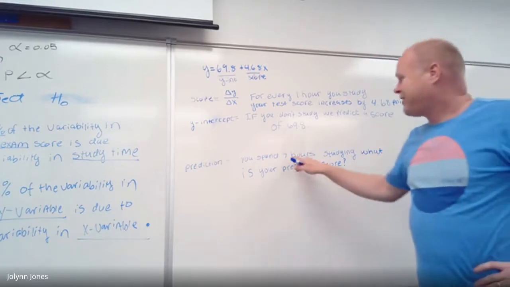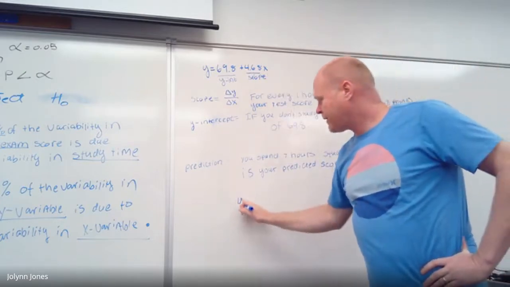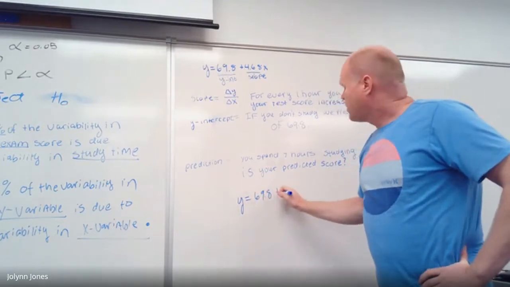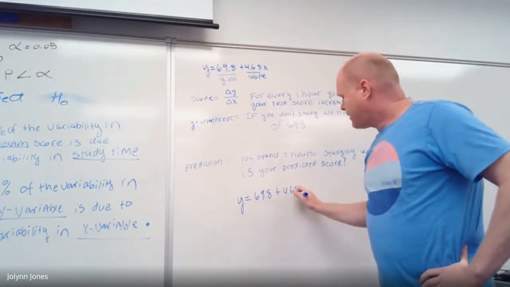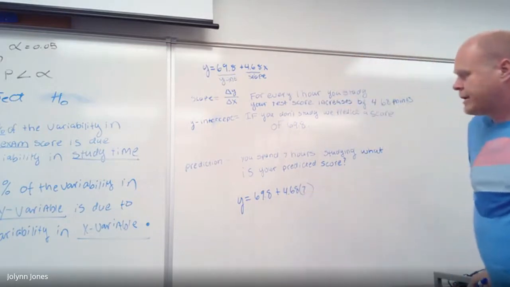So this is our hours spent studying, which has been our X variable all the way through. To make that prediction, we're going to say 69.8 plus 4.68 times 7. So I'm going to wait for Mrs. Jones to calculate for me.